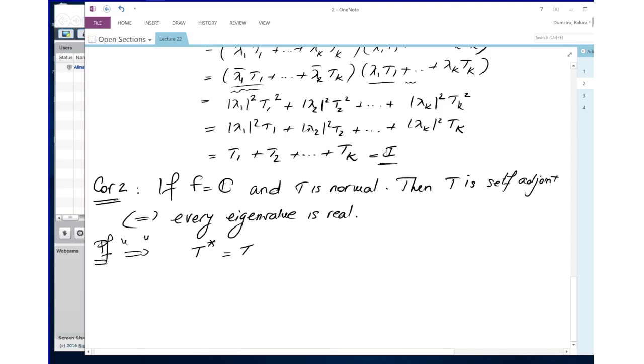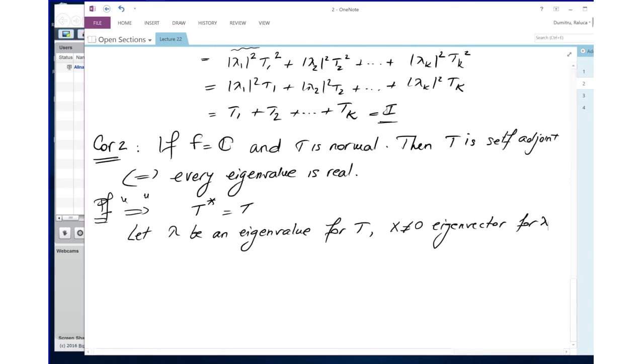So if lambda is an eigenvalue, and let's say x is an eigenvector corresponding to this lambda, then one thing about normal operators was this property that T and T star had the same eigenvectors, but the corresponding eigenvalues were the complex conjugates.